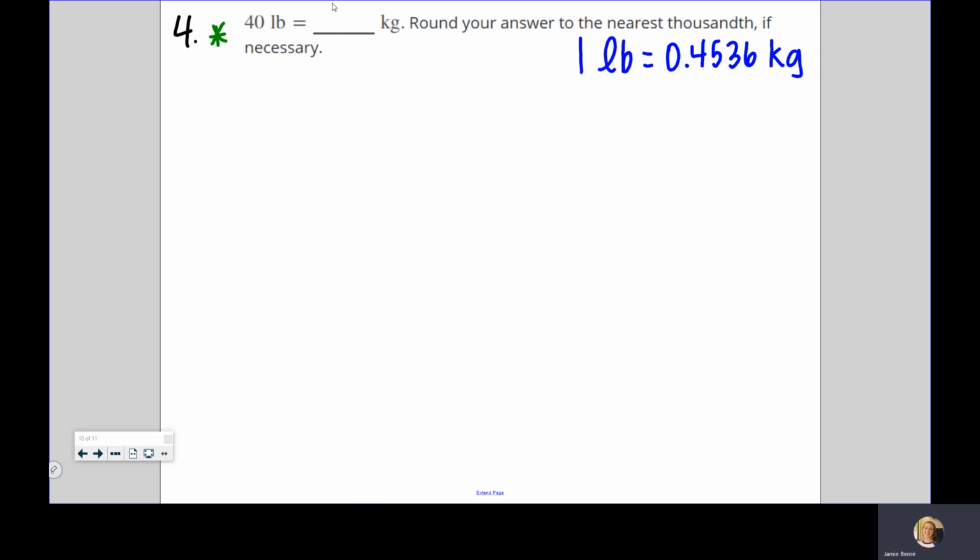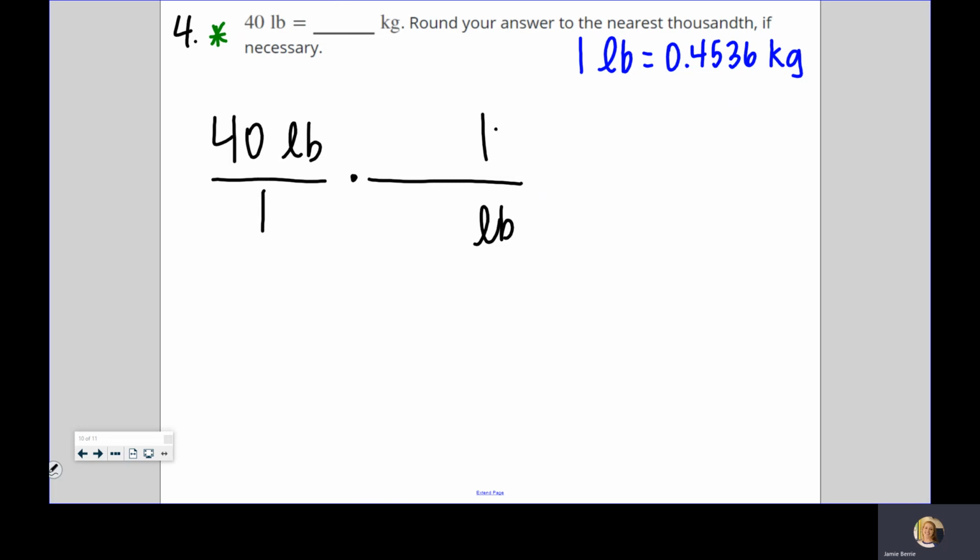All right, so start with what you know, 40 pounds over 1 times your unit fraction. We want to cancel out pounds, so put pounds in the bottom. We're going to go from pounds to kilograms. They told us that 1 pound is 0.4536 kilograms.